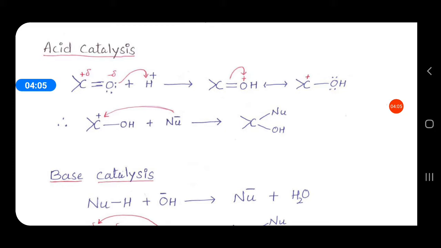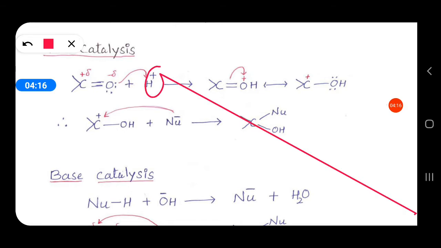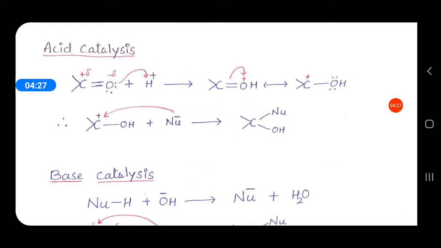In acid catalysis, the proton released by the acid combines with the carbonyl oxygen, or attacks the carbonyl oxygen, and thus the carbon becomes electron deficient. So the positivity of the carbonyl carbon atom is increased and the attack of the nucleophile is enhanced.